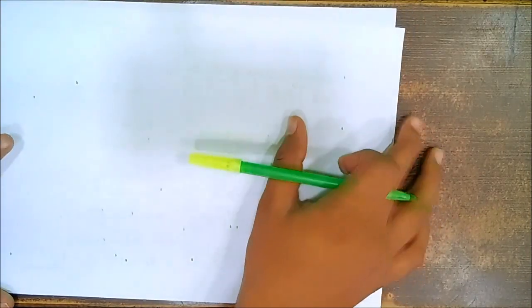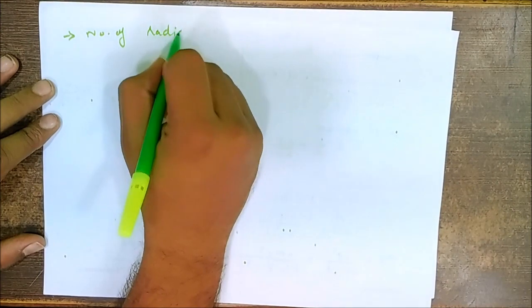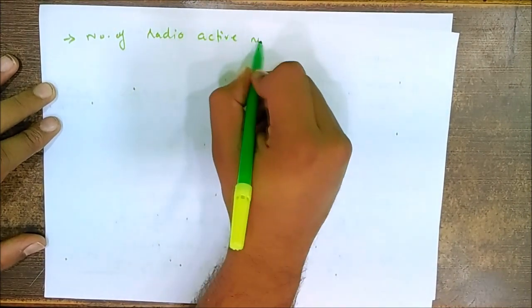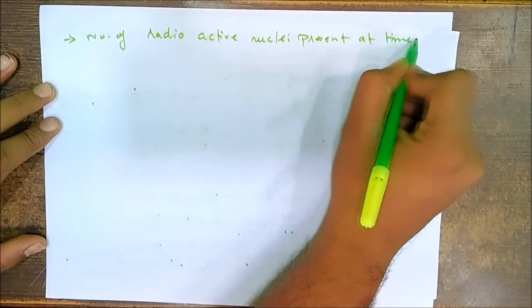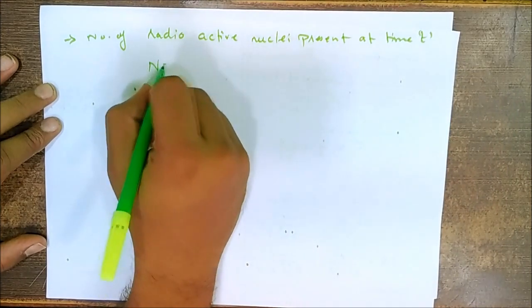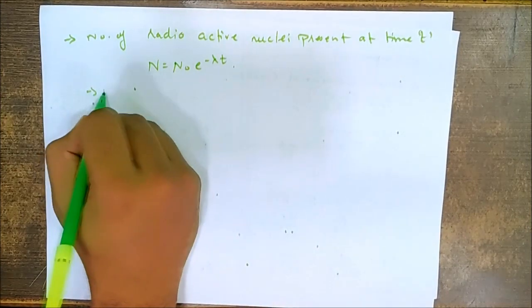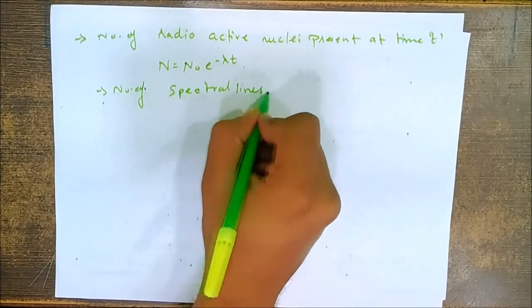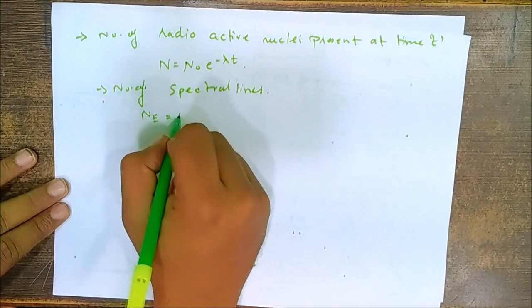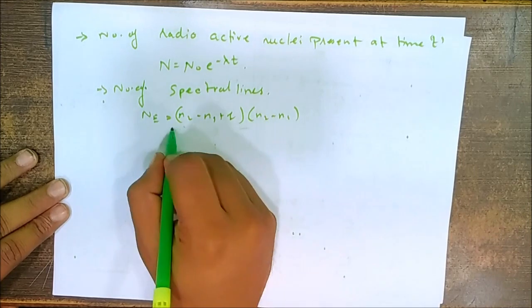Now, number of radioactive nuclei present at time t. It's given as N is equal to N naught e raised to minus lambda t. Number of spectral lines may be given as Na is equal to (n2 minus n1 plus 1) into (n2 minus n1) upon 2.